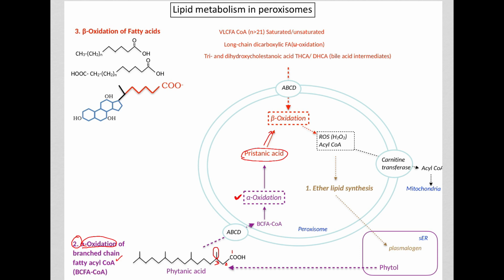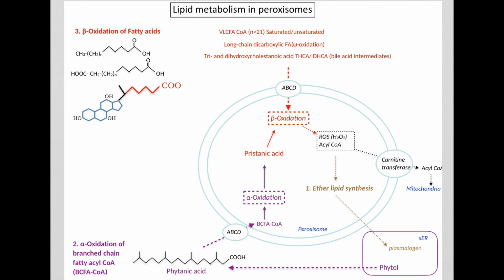We'll look at two examples of branched-chain fatty acids. One is phytol, which is converted in the smooth endoplasmic reticulum into phytanic acid, and the second is phytanic acid. We'll see this phytanic acid will be taken into the peroxisome, undergo alpha-oxidation, and then be converted into pristanic acid, which then undergoes beta-oxidation in the peroxisome.